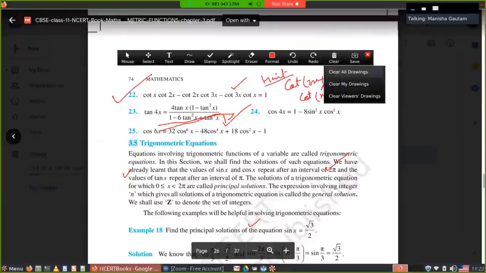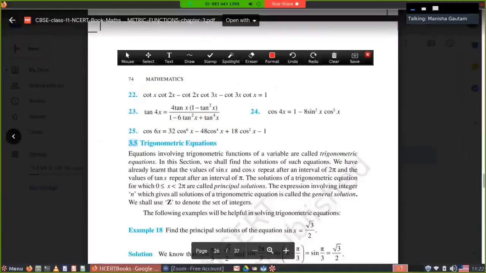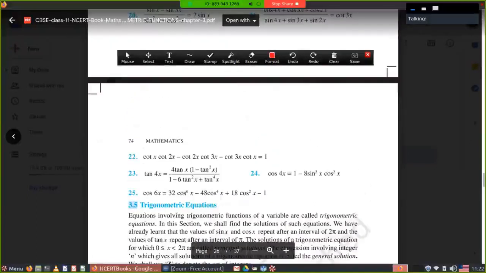Okay. Now here are 3 questions left. Let's do how to complete this. First do question number 24. What is question number 24? Cos 4x is equal to 1 minus 8 sin square x cos square x. Take the left hand side.